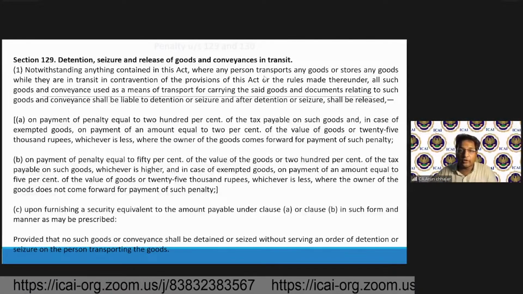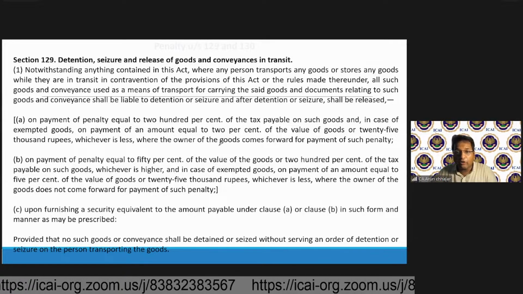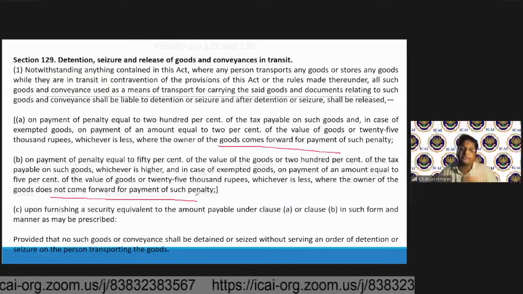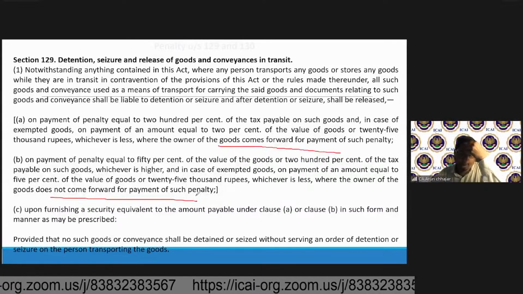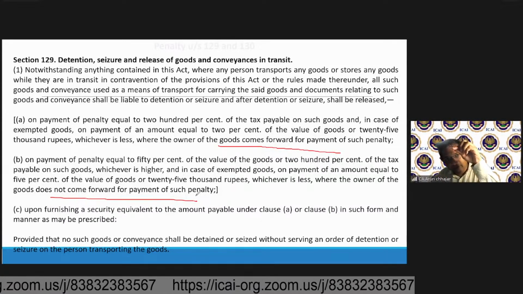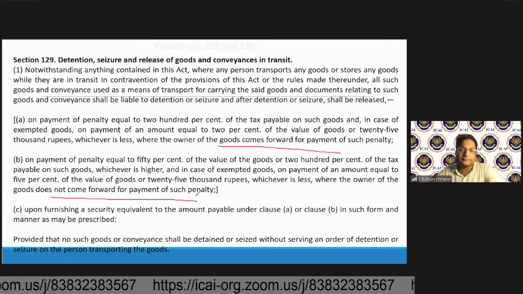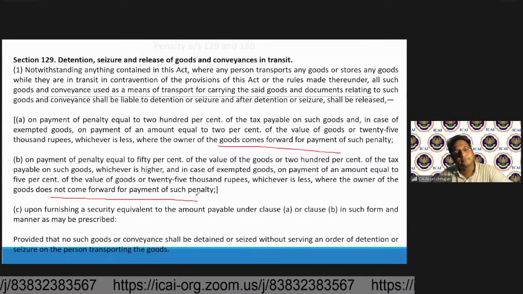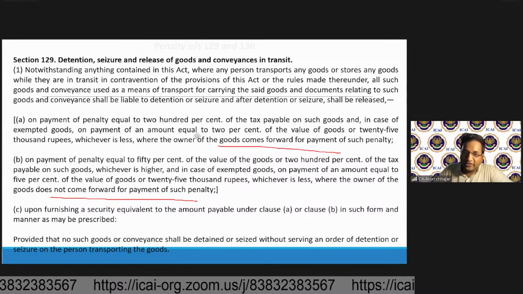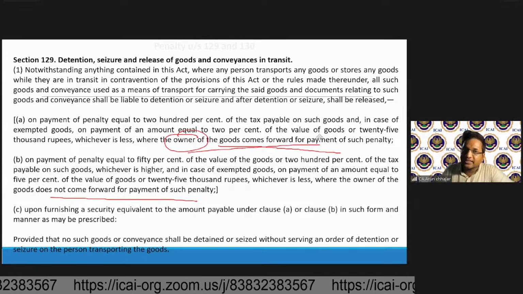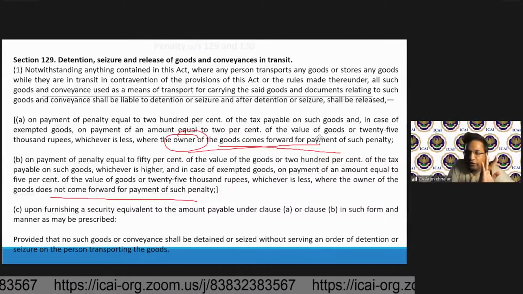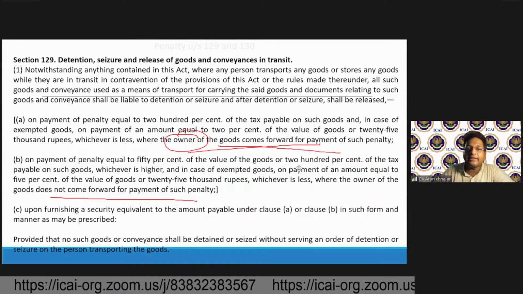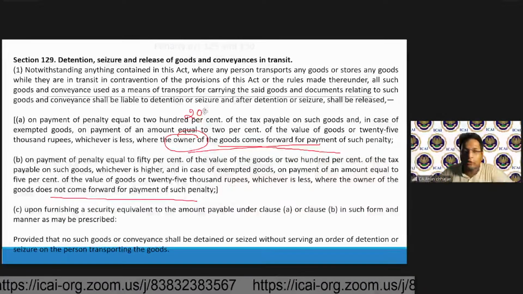If the owner of the goods comes forward to make the payment of the penalty to the officer, then if the goods are taxable, the penalty will be 200% of the tax.